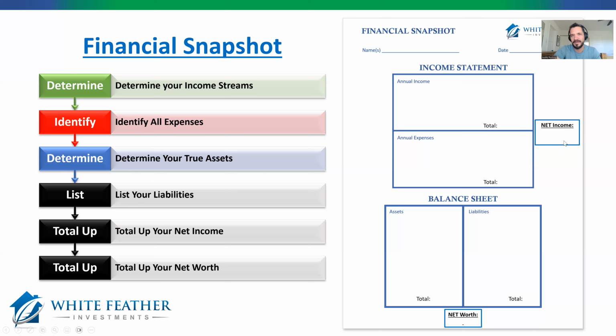And once you get to a point where your net income for the year is high enough, then you're financially free. For instance, let's say that your annual income from your job is $60,000 a year, and that's all the income that you have. And your expenses are $60,000 a year. So your job pays for all of your expenses and you don't have any savings per year.